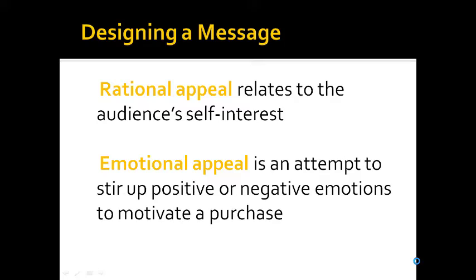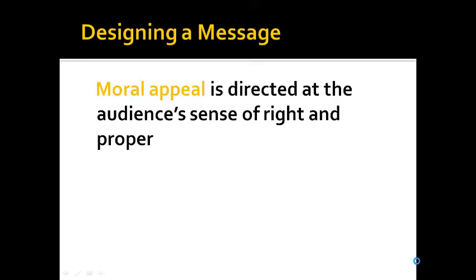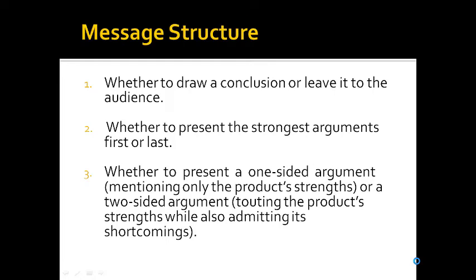So now, as you have seen an example of an advertisement in each category, let's finally talk about the message structure. Once communicators are done with designing the message, they start working on the message structure. There are three different issues pertaining to the message structure.